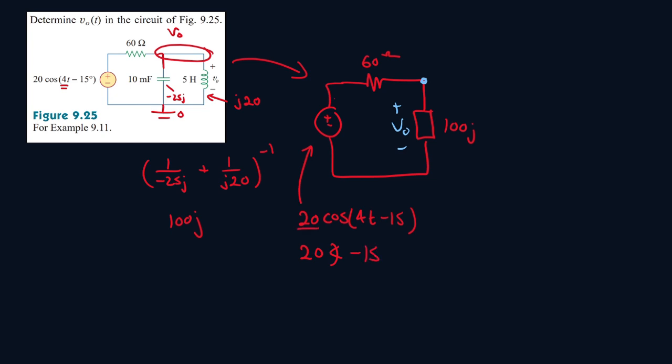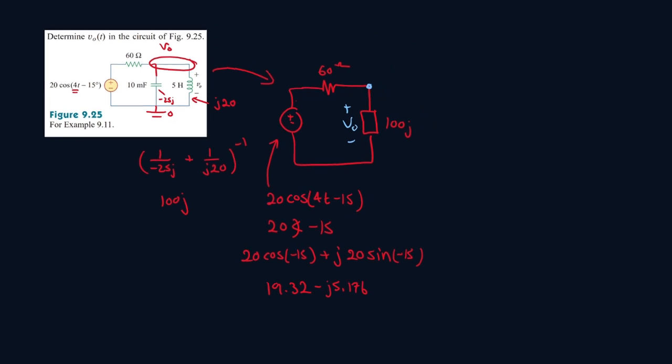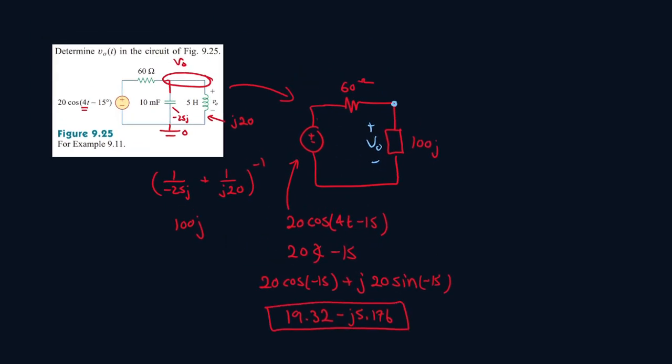You put this value in front, and then you put the degree in here. And then let's get our real and imaginary numbers separate. So to do that, it'll be 20 cos minus 15 plus j 20 sine minus 15. So 20 cos minus 15, that's 19.32, plus 20 sine minus 15, that's minus j 5.176. So we'll represent our voltage source with this.